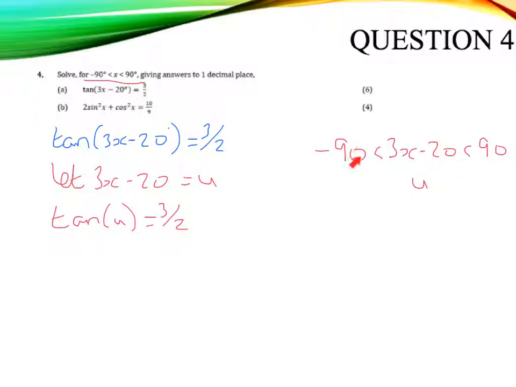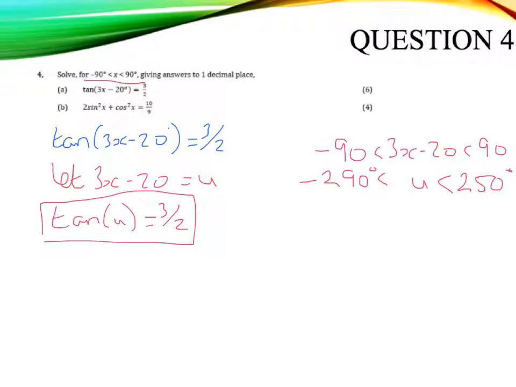Okay, so if I substitute 90 in for x, then I'm going to get 3 lots of 90, take another 20, which is going to give me minus 290 degrees. And if I take this value for being x, then I times it by 3 and take 20, and I get 250 degrees. So what I'm interested in now is working out tan of u, but between this new range.